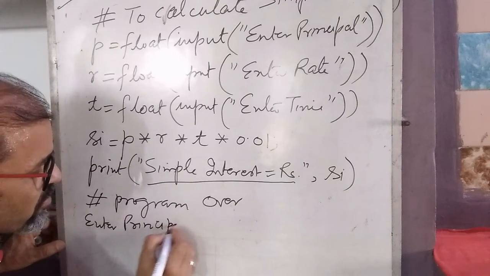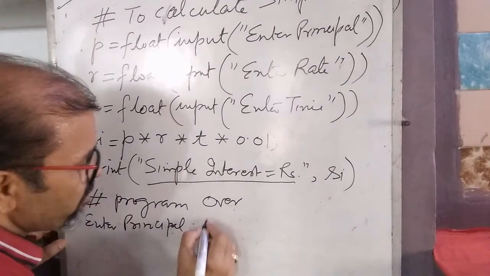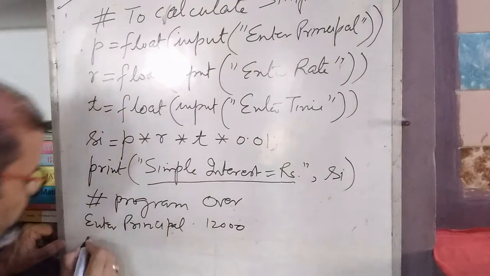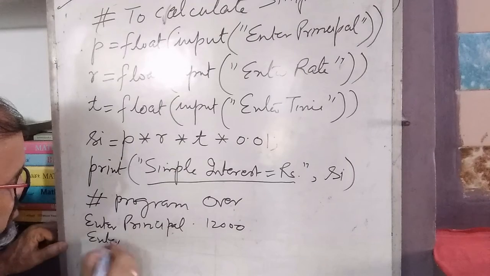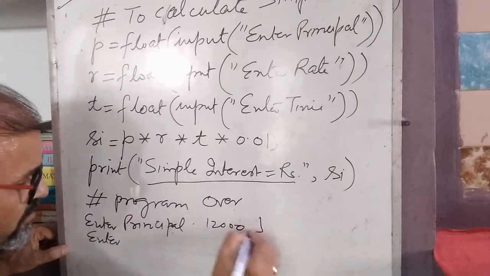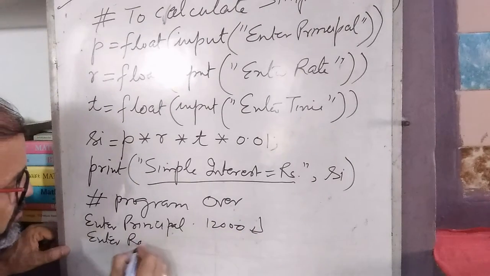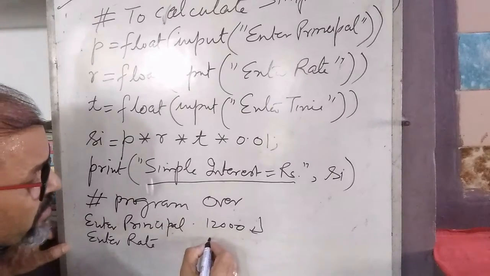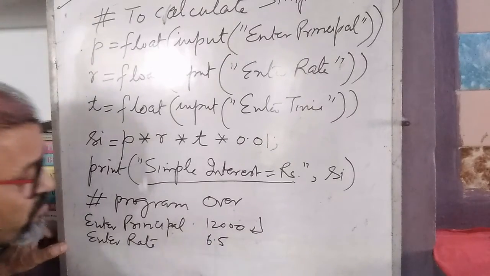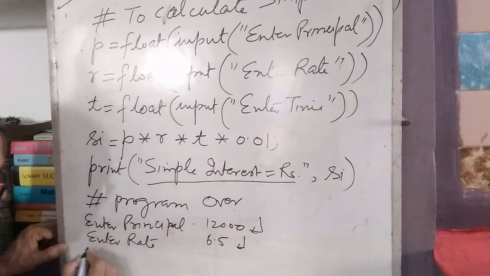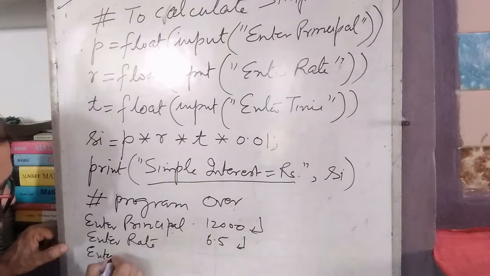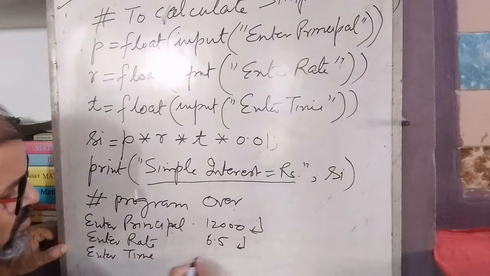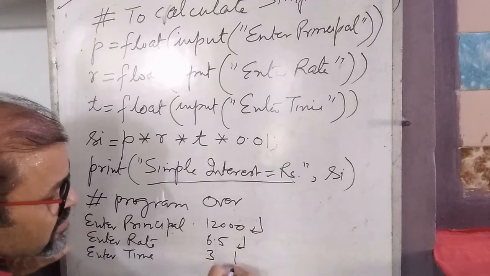Enter principal. I have written say 12,000. Then press enter. It will ask enter rate. Then suppose I have written 6.5% per annum. Then it will ask enter time. Suppose I have written 3 years.